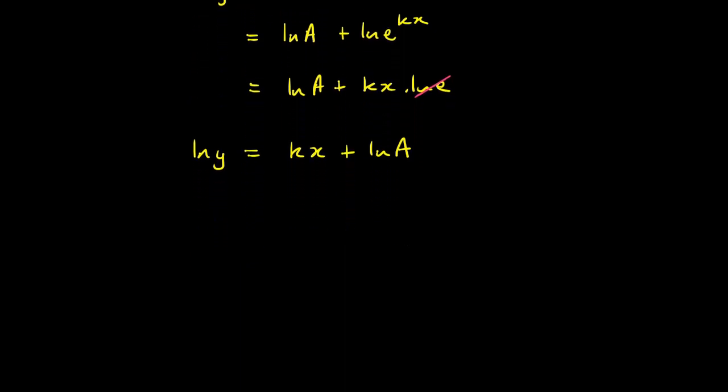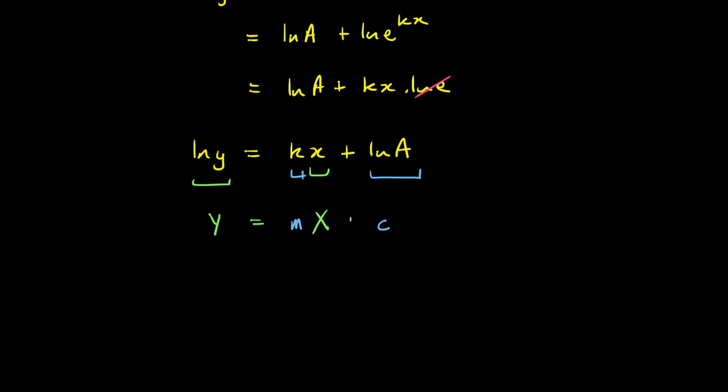Okay, now this is a straight line graph, because if I plot ln y as my y and keep x the same as x, then what's the k here? The k is going to be my gradient m, and ln a is going to be my y-intercept c.